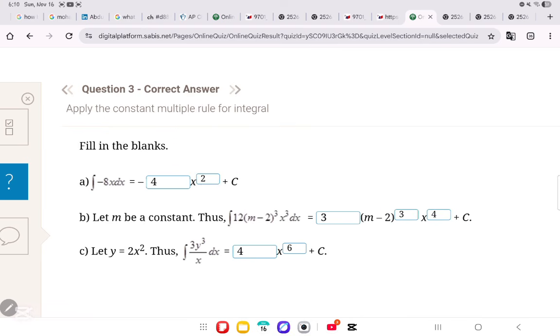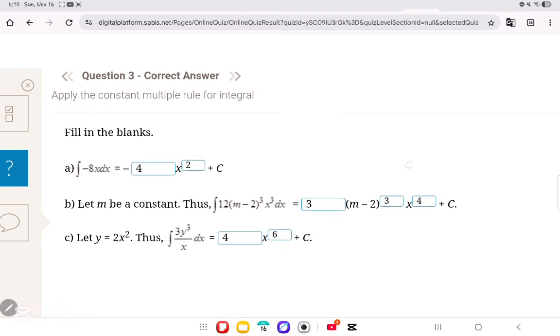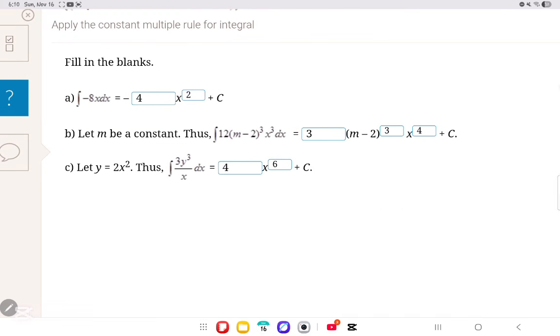We move on to question number 3. What does it say? Again, they want the integration of all of these. Let's take the integration of minus 8x dx. How do you take the integration of minus 8x? It's going to be very simply 8x to the power of 1 plus 1 over 1 plus 1. Again, what was the equation? I forgot to write the general equation.